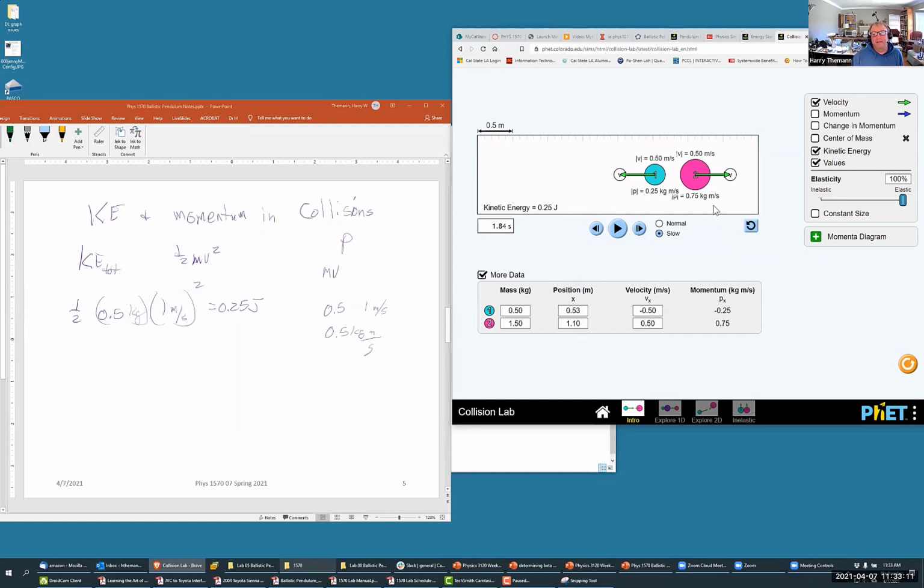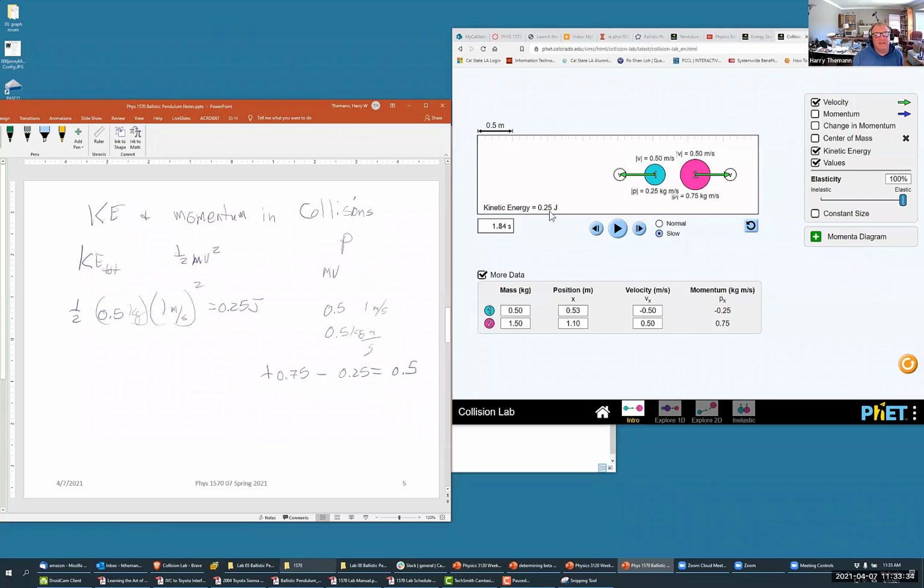But if I add the two of them together, what's going on? Oh yeah, well we can't add them. We don't add the absolute values, of course. So we have a plus 0.75 and a minus 0.25, and of course that equals our 0.5.